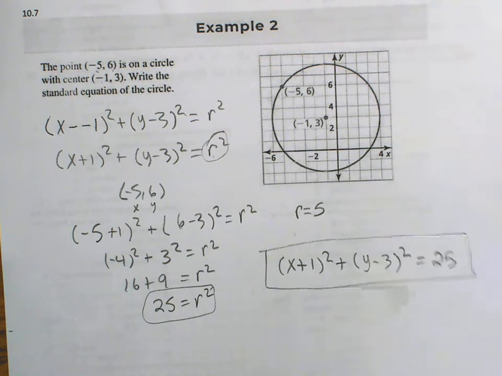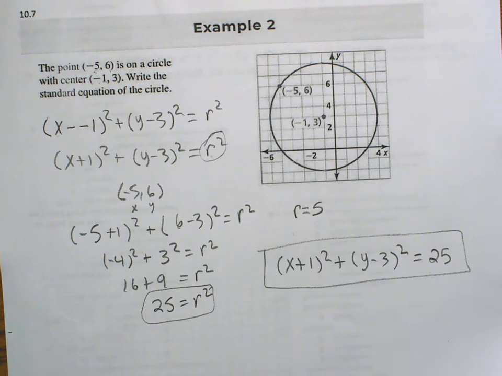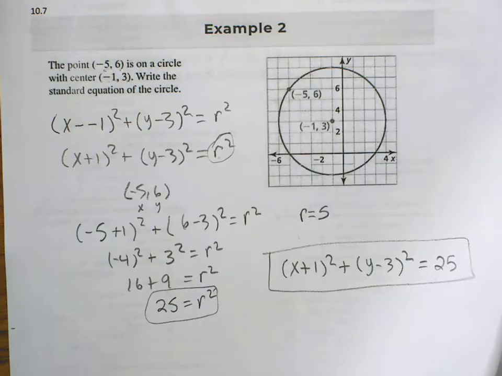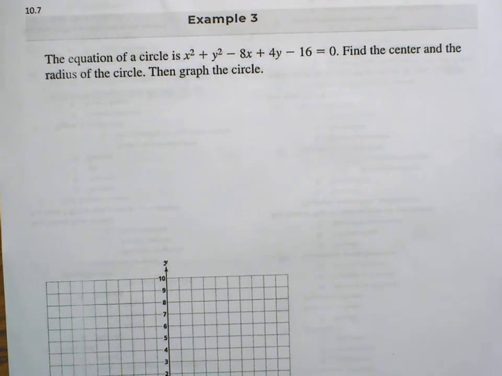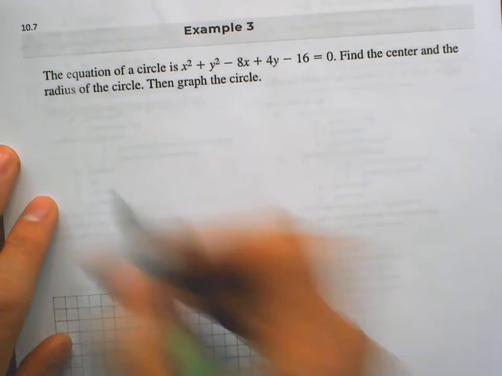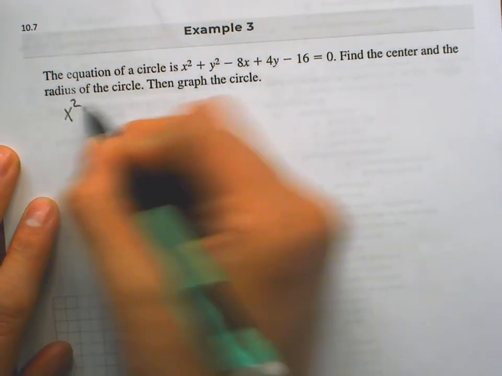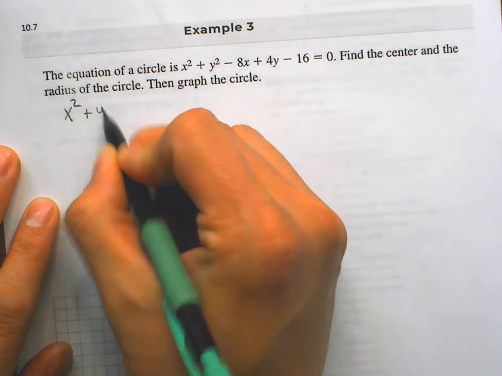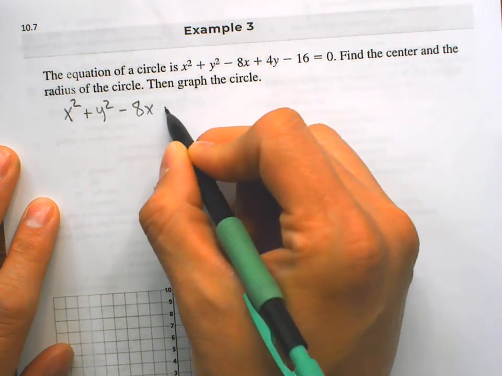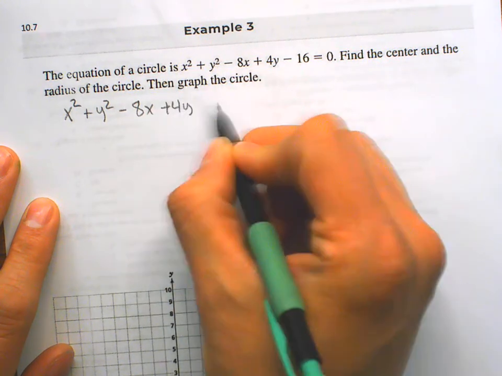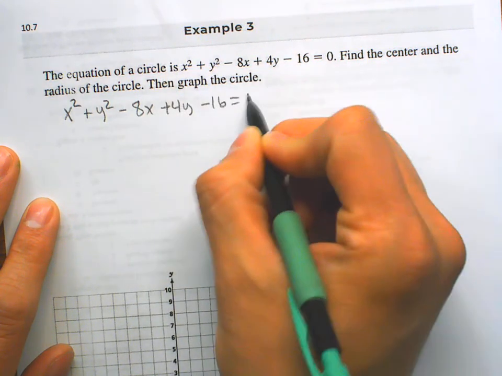All right, let's take a look at the next one, example number 3. This one is a little bit more involved because we are looking for the actual center of the circle. Here's what we have: x squared plus y squared minus 8x plus 4y minus 16 equal to 0.